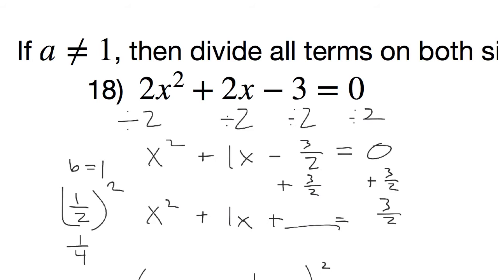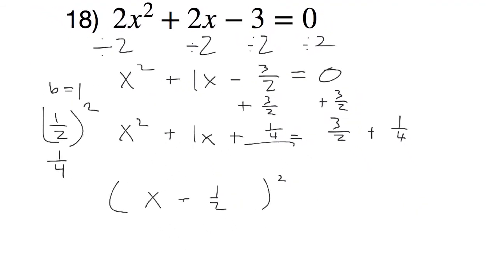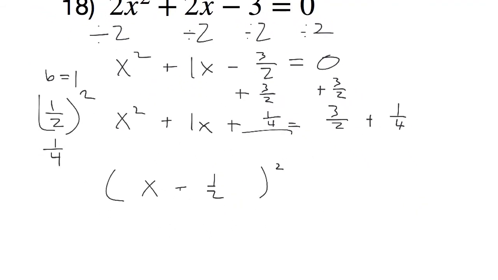So I need to fill in a little space with 1/4. I'm adding 1/4 to both sides, just to keep things equivalent. 3/2 plus 1/4, well, 3/2 is really 6/4, so we get 7/4.